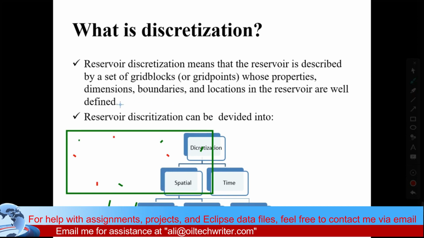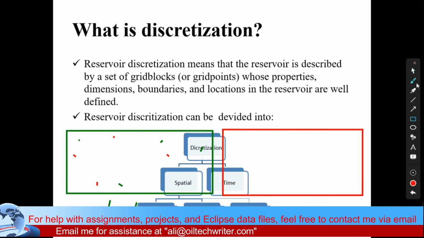So by considering it as one body, one reservoir, it is very hard to detect the properties all over the reservoir separately. So what do we do in this case? We have the same reservoir, and we divide it into small parts.